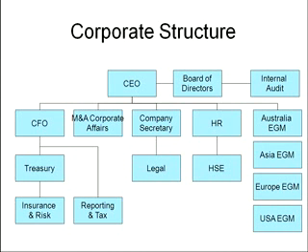On the left-hand side, we've got the different departments in corporate head office, and these are typical departments that you come up against if you ever work in a corporate head office. Sometimes they're like this, sometimes they're slightly different. But the CFO often is like a kingpin of the corporate head office.